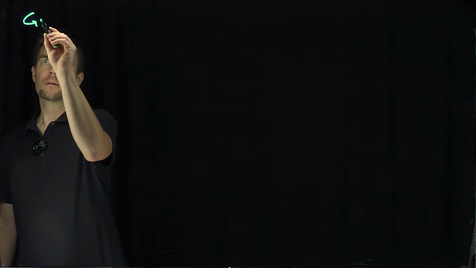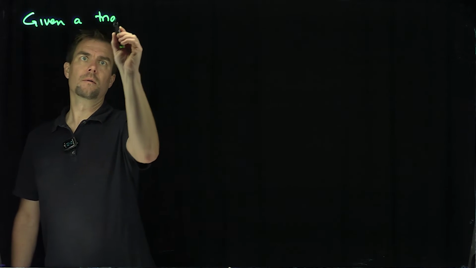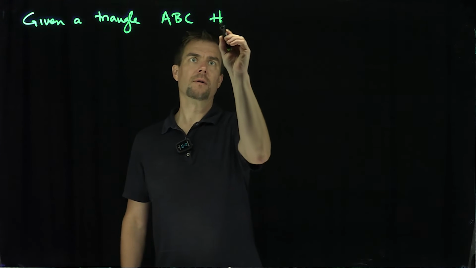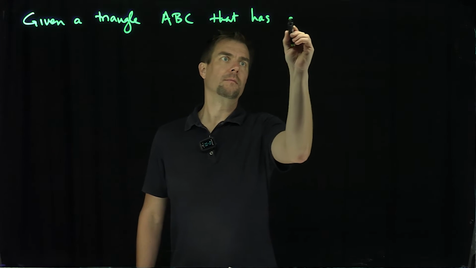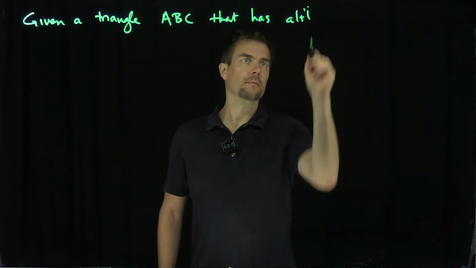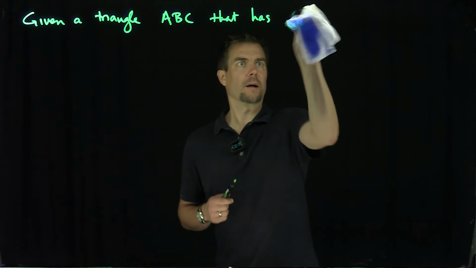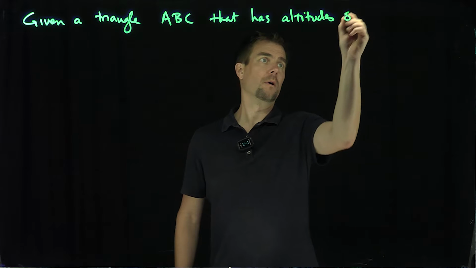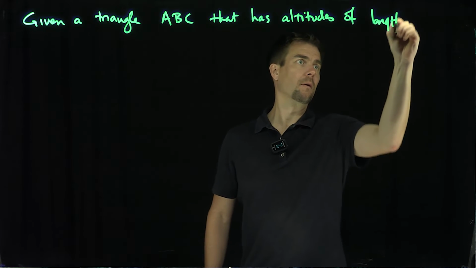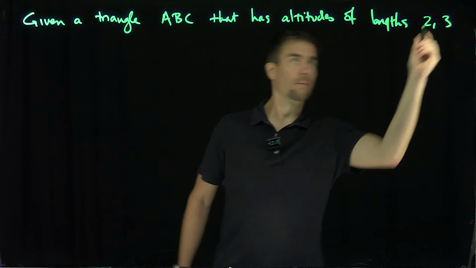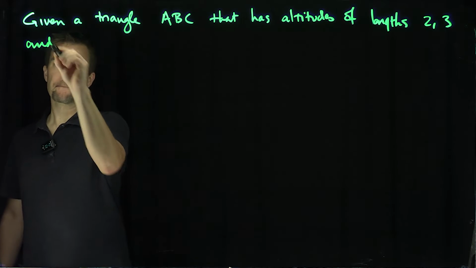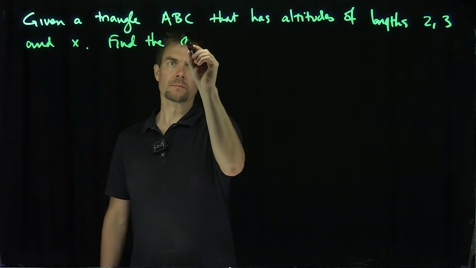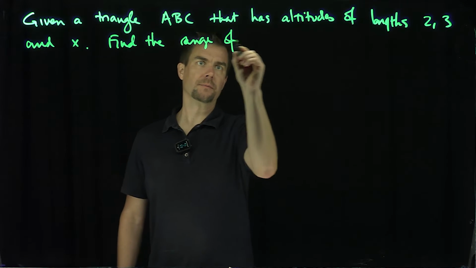Suppose we're given a triangle ABC that has altitudes of lengths 2, 3, and x. Find the range of possible values of x.